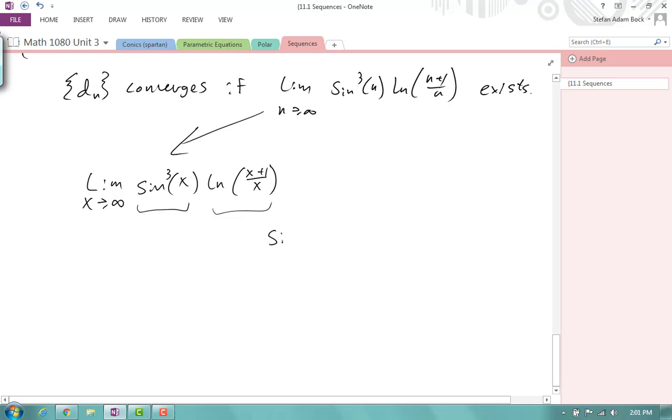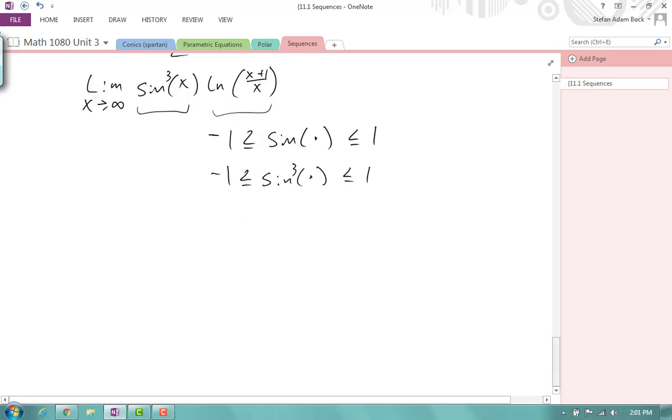So since sine of whatever is between negative 1 and 1, that means sine cubed of whatever should still be between negative 1 and 1.